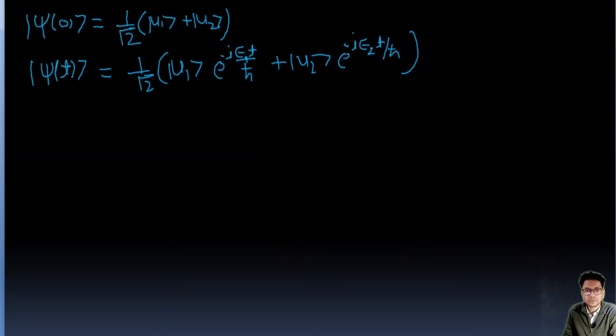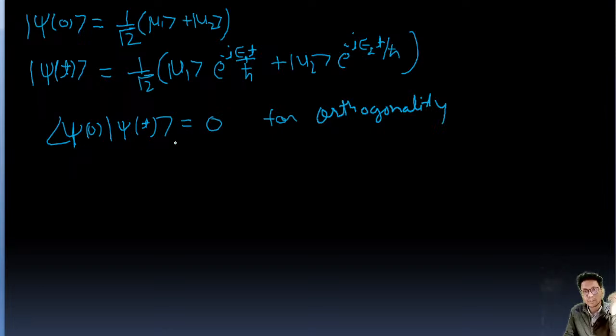So the orthogonality condition is that after time t they become orthogonal, meaning the inner product of psi 0 and psi t is going to be 0, right? This is the orthogonality condition, so this value is going to be 0.